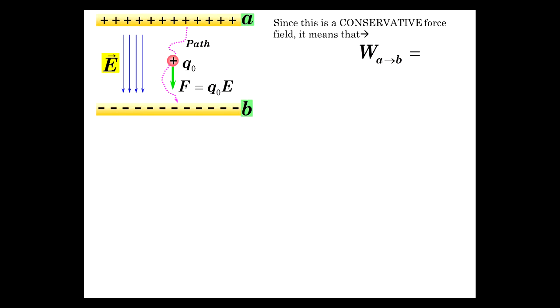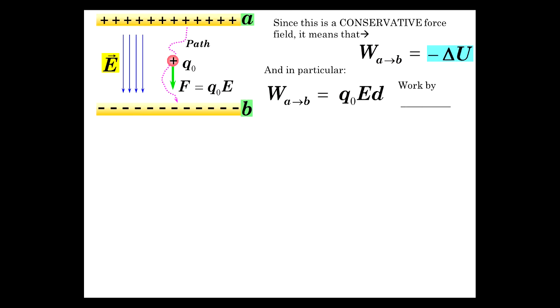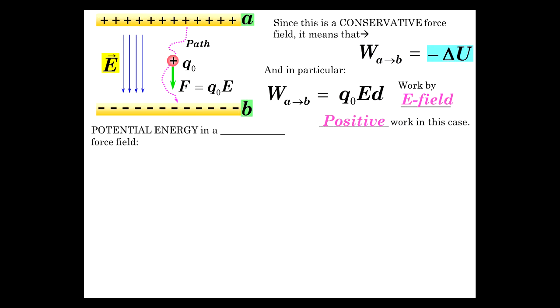Since it's a conservative force field, work by that field, moving the charge from A to B is negative delta U. Particularly, work A to B is force times distance, Q0E times d. d is the distance from one sheet to the other. So that's the work done by the E field. It's positive in this case. The E field is shoving that charge from A to B.